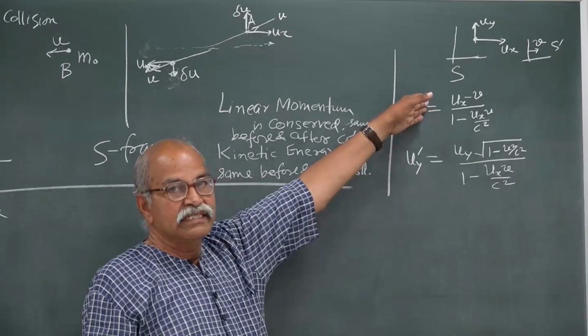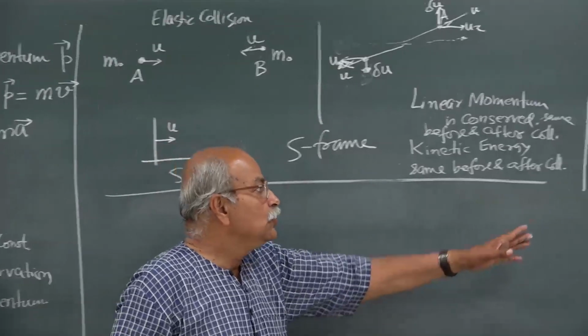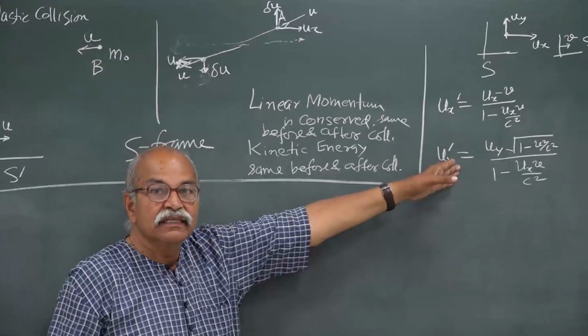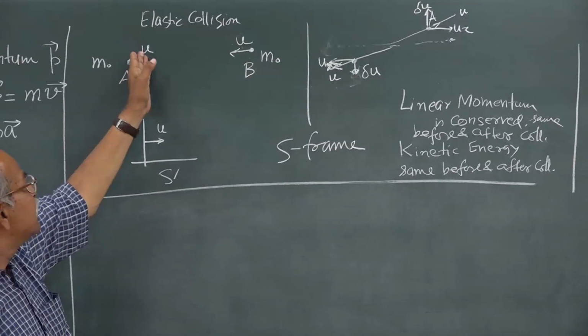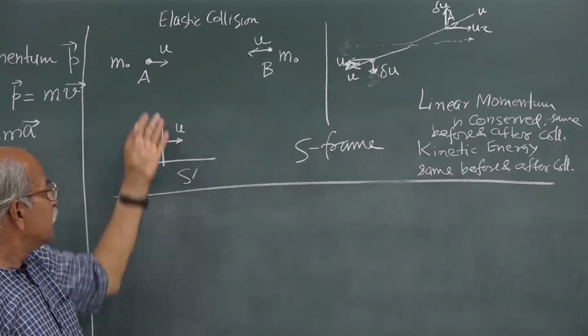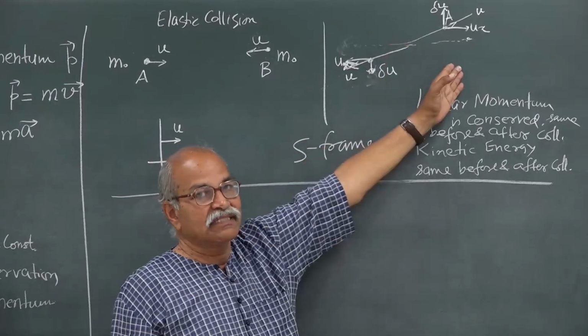These are the velocity transformation equations, we had derived these. Using these equations, I can write what will be the velocities, speeds, and components in S prime before the collision and after the collision.